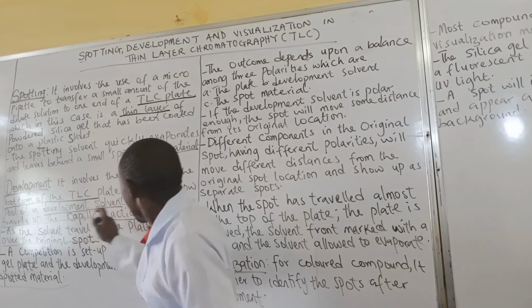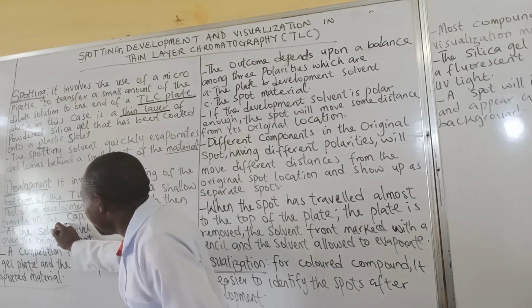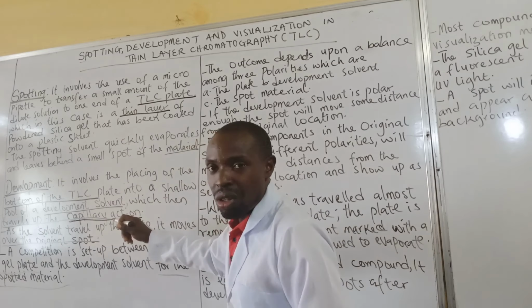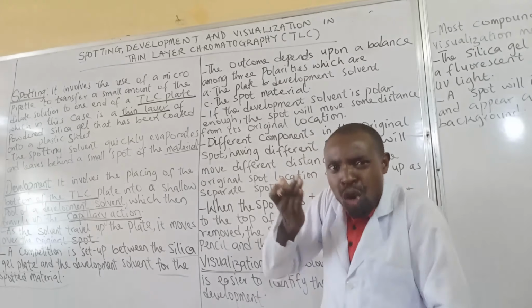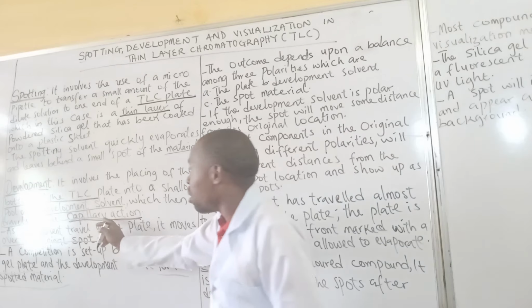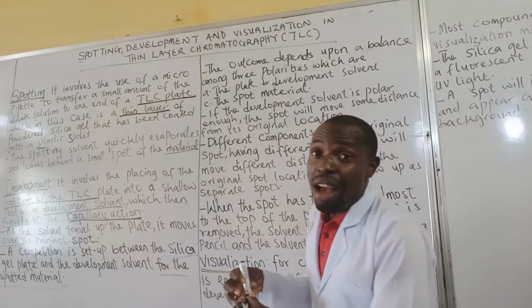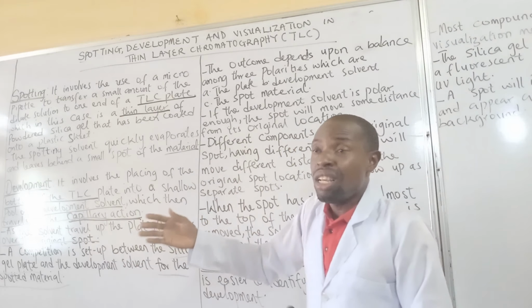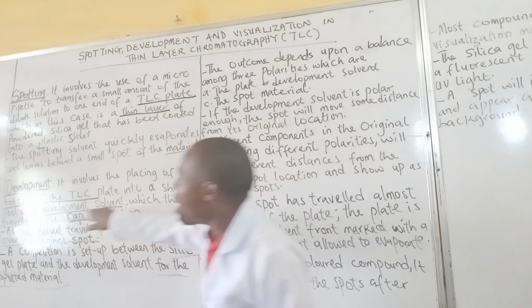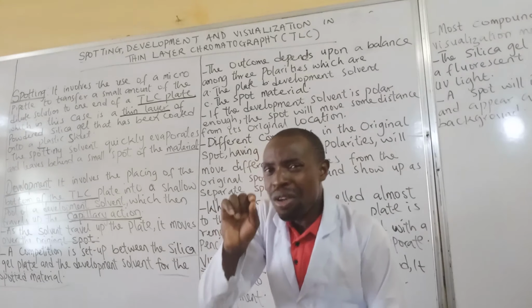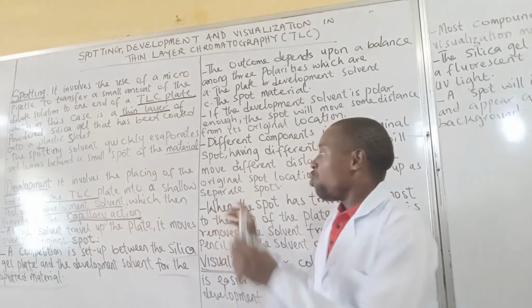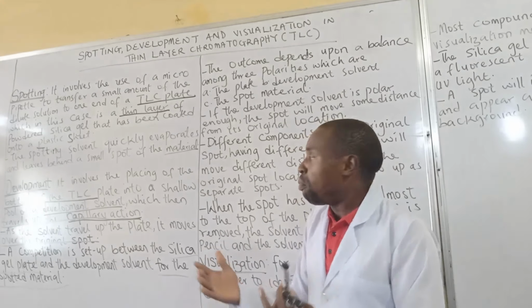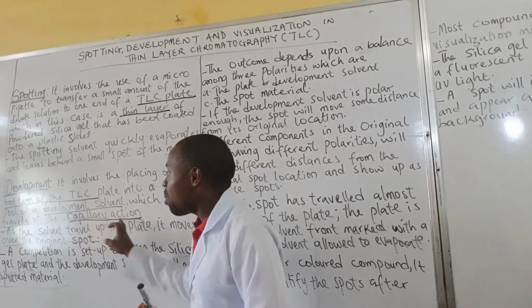By what we call capillary action, which carries that development solvent upward. As you can see on the board, the TLC plate is placed into a shallow pool of development solvent, which I've told you earlier. And when that is done, it travels up through capillary action.